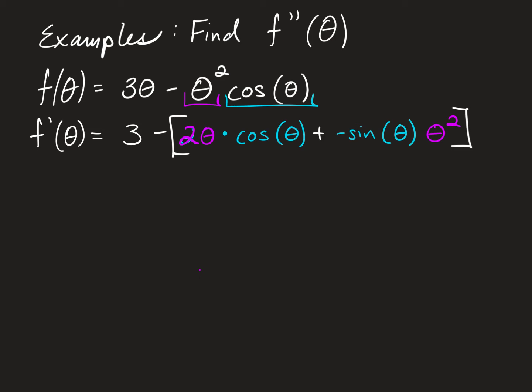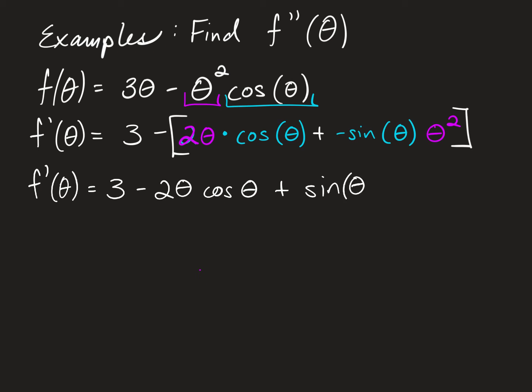So I suppose the next step here would be to distribute this negative to this term and this term. So we can rewrite that f prime of theta equals 3 minus 2 theta cosine theta plus sine theta theta squared. And in fact, I'm going to write that a little bit more nicely with the variable out front.